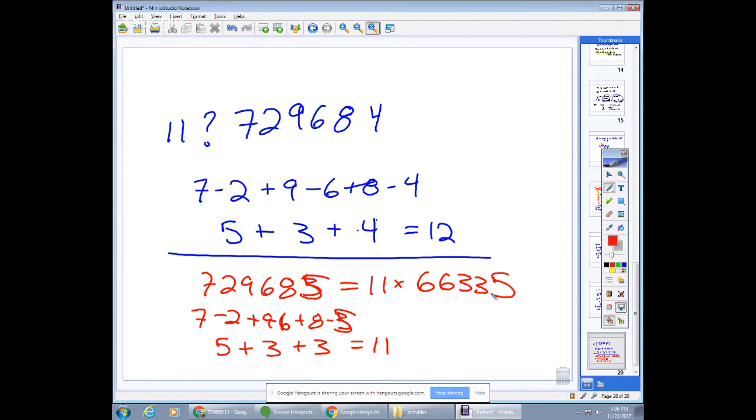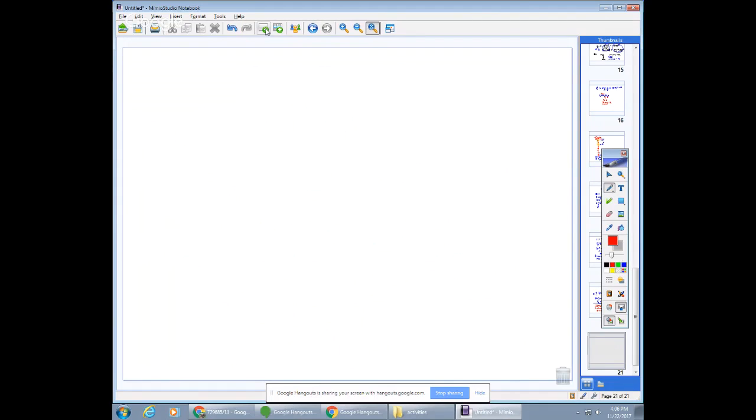The trick for why it works is related to the trick for 9 and 3. So check this out. Let's take 10,000, 1,000, and 100, and 10, and then we have the ones here.